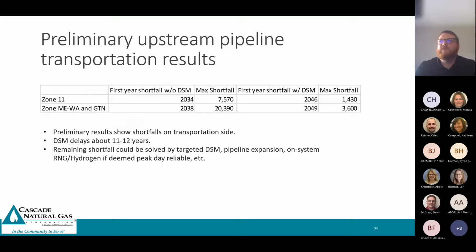If we deem hydrogen and RNG as being peak day reliable, so if we can have on-system projects that are reliable on peak day, those could be utilized to not have to use that upstream transportation. So that's also something we're considering.